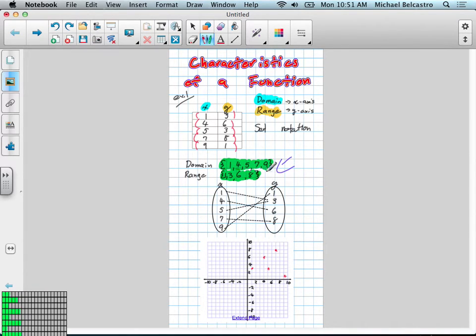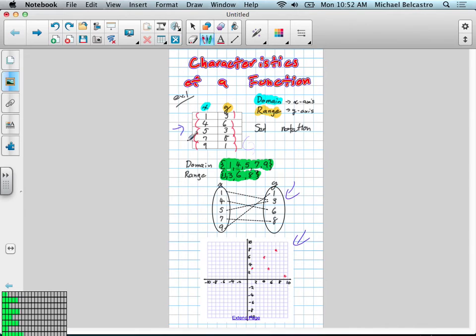They need to give us more information in order to tell if something is a function. Because remember, we did have at least 2, 3 values. We don't know how these numbers relate to each other. So we need to have at least another representation where it's a chart, an oval, or a graph. Set notation just makes everything simple for us. We're not actually able to tell if it's a function from it yet.